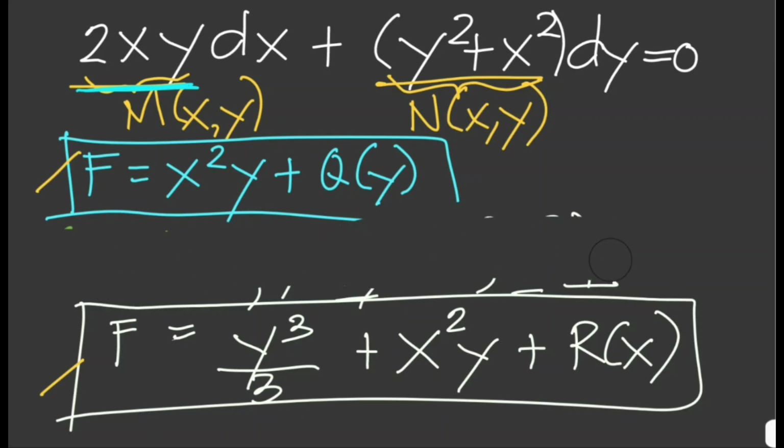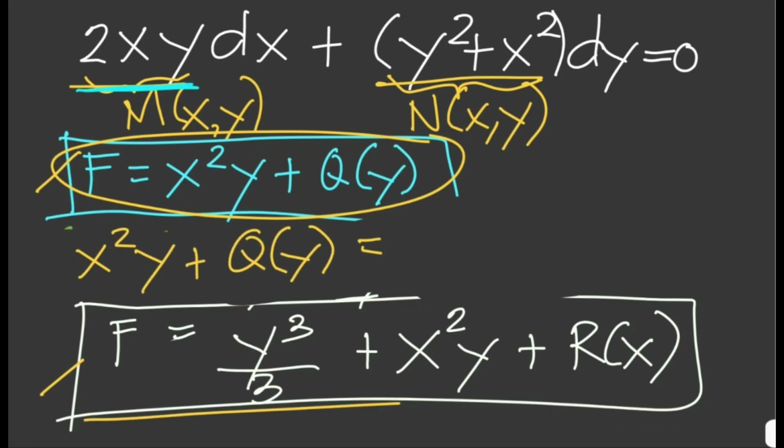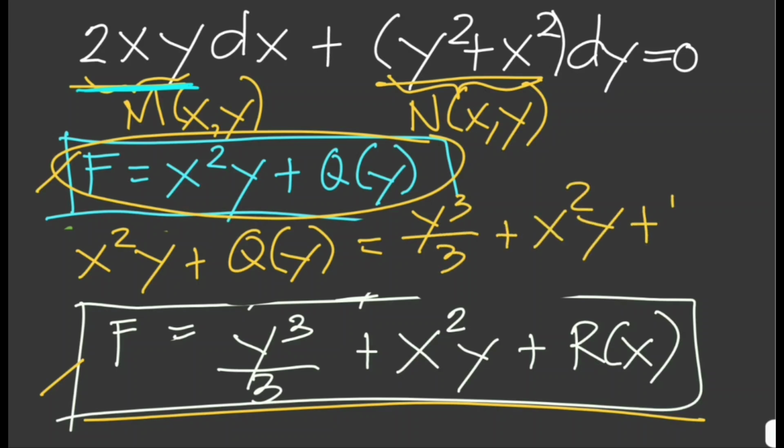So we equate these two. This is our first f, x squared y plus q of y, equals this one, y cubed over 3 plus x squared y plus r of x.